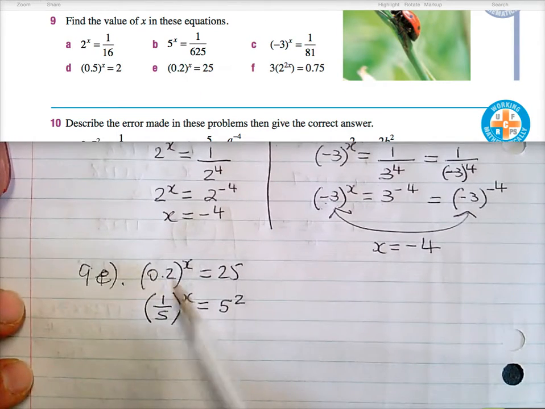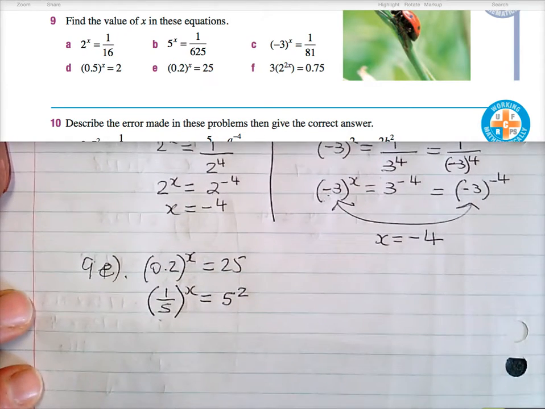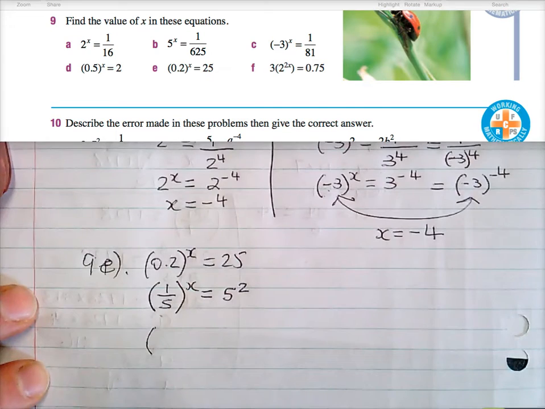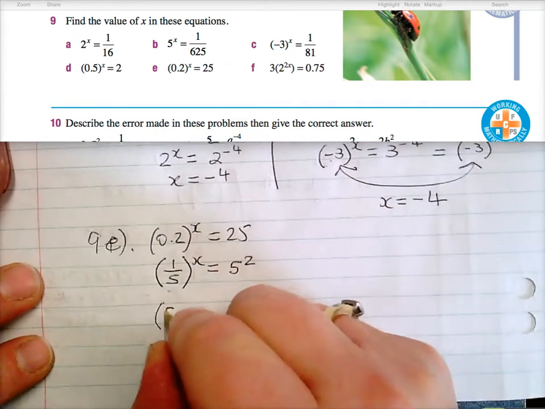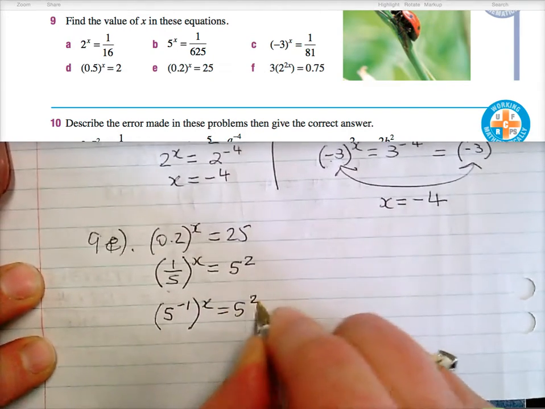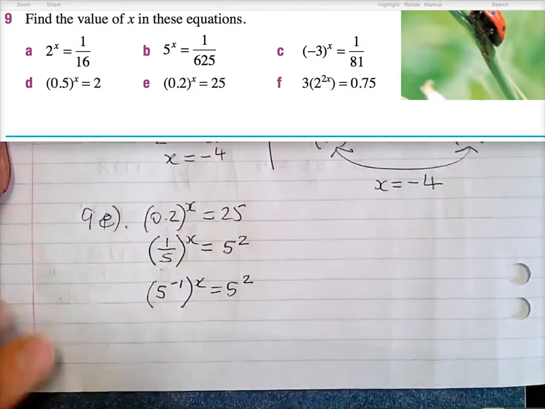So girls, 0.2 is 1/5. 25 is 5 squared. What do you think I should write? How should I write my 1/5? Girls, 1 over means negative power. How do I write 1/5 as a negative power? Negative 1 to the x. I suggest you watch, girls. They're getting tricky. Girls, I'm thinking base 5.